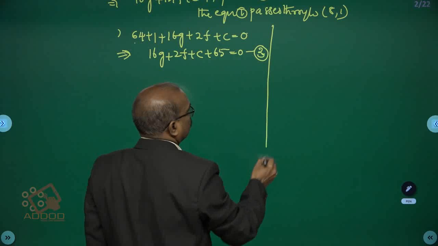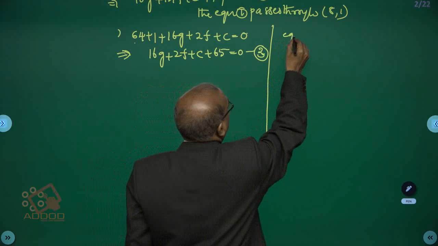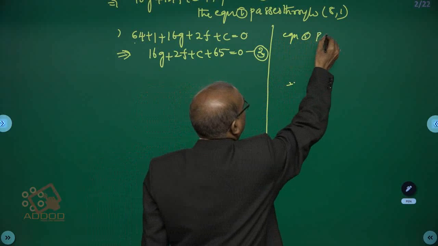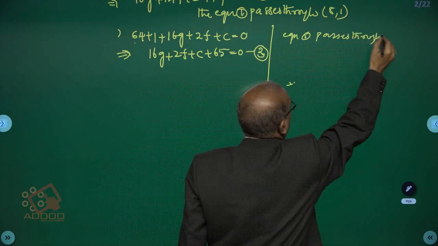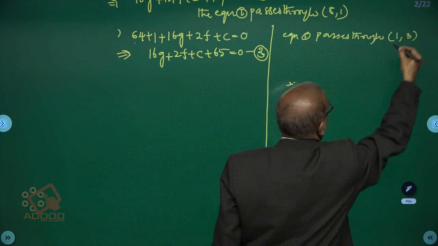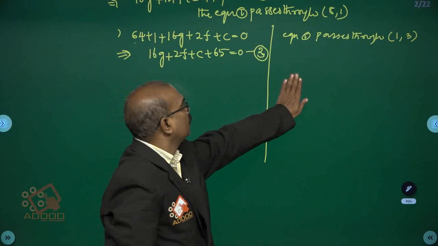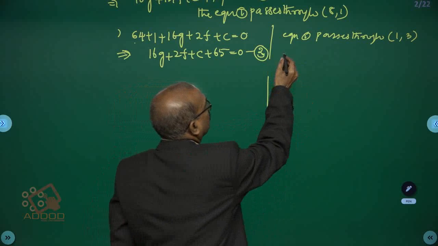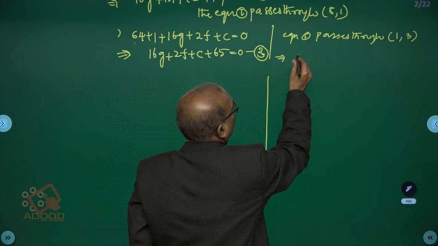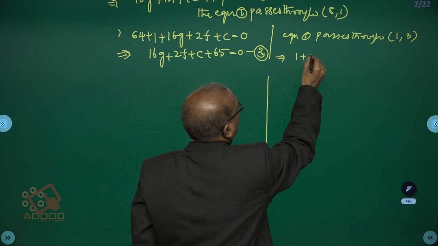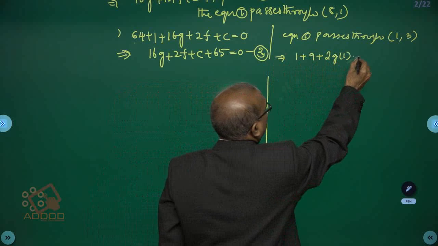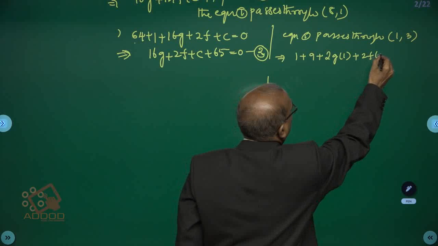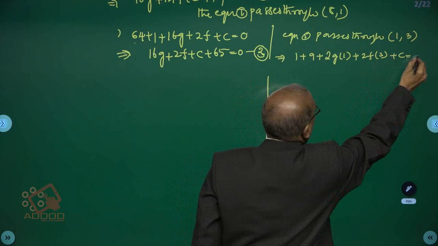Next, equation 1 passes through (1, 3). Therefore, let me substitute here. 1 square means 1 plus 3 square 9 plus 2g into 1 plus 2f into 3 plus c is equal to 0.